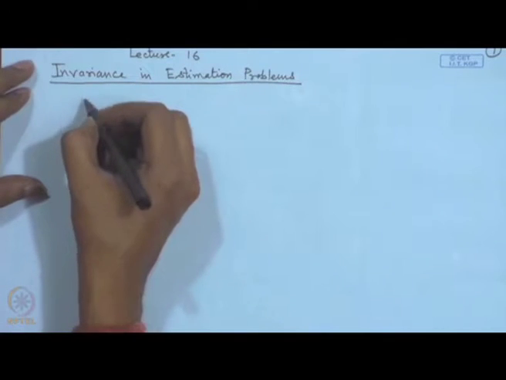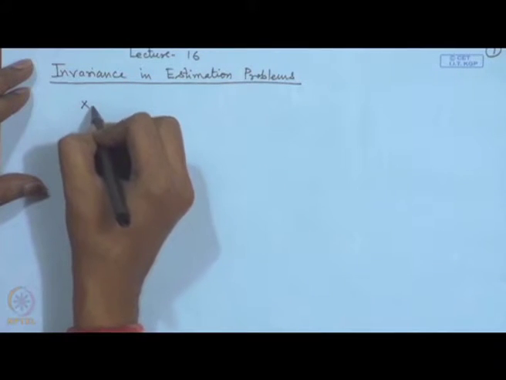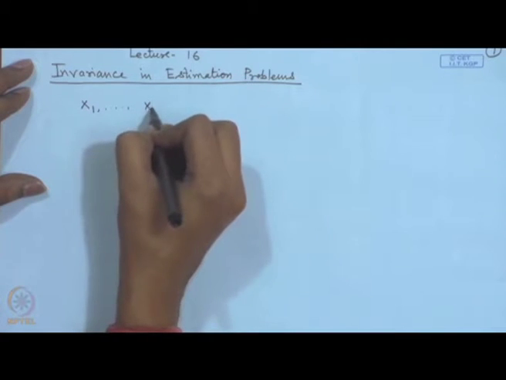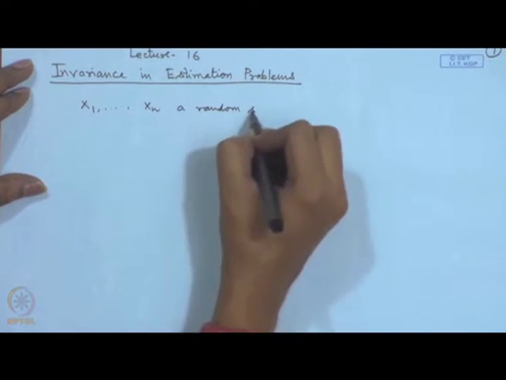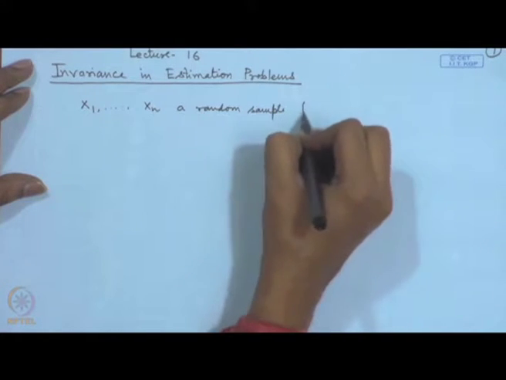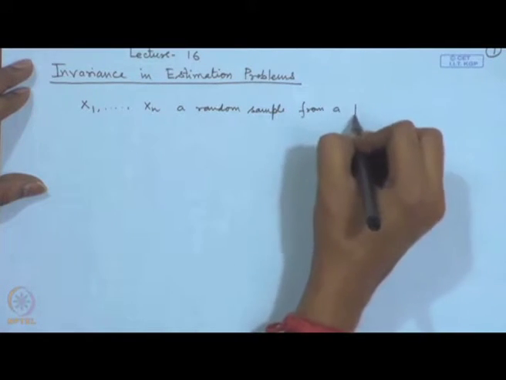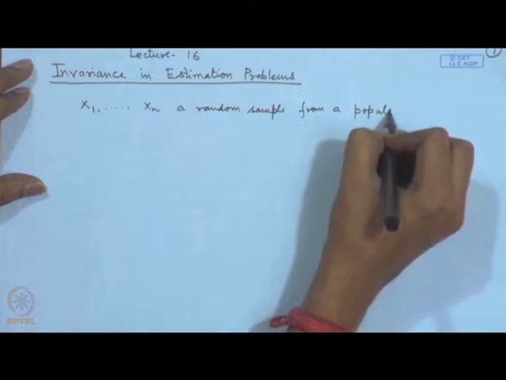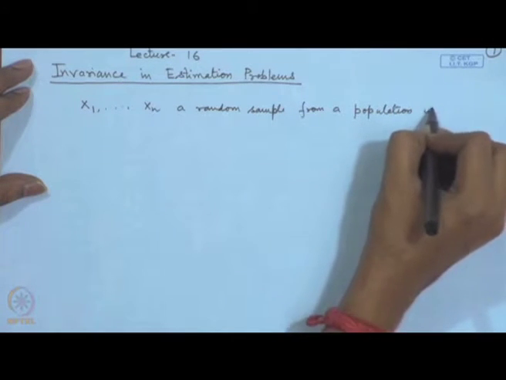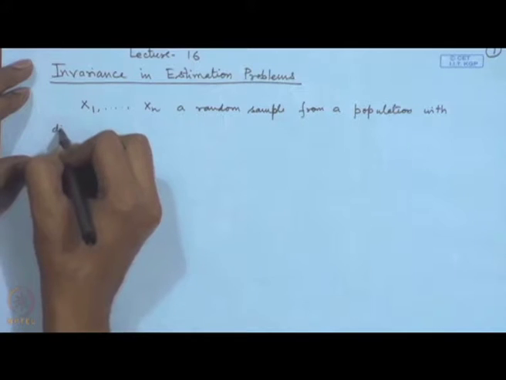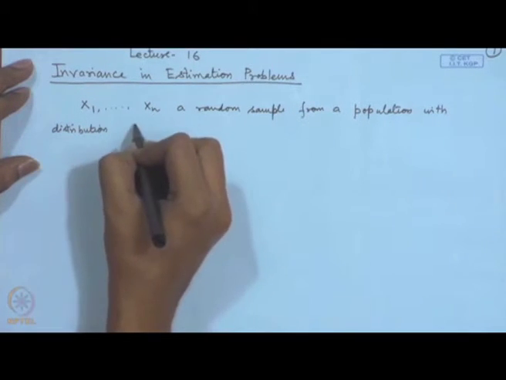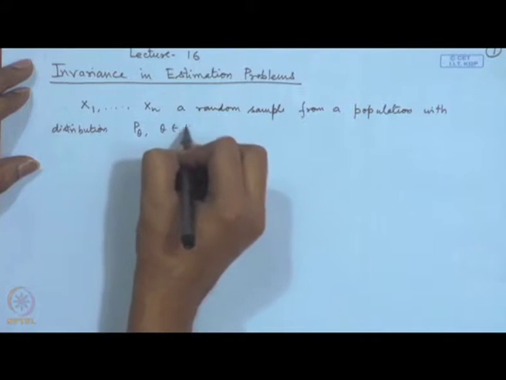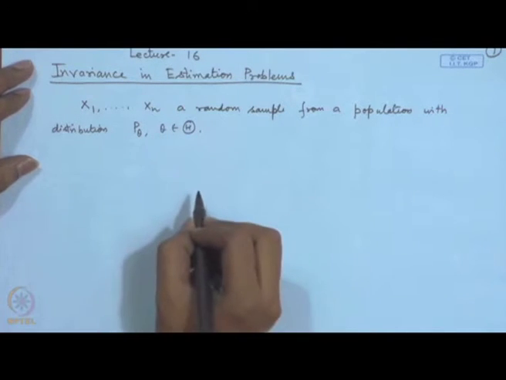As before, we have a random sample x 1, x 2, ..., x n from a population with distribution p theta, theta belonging to Theta.